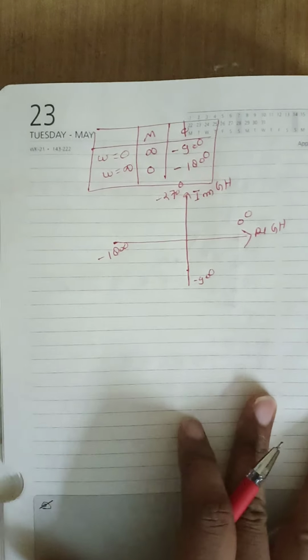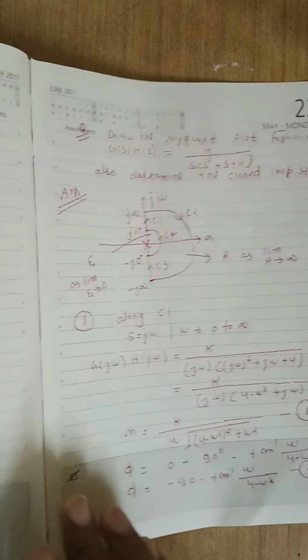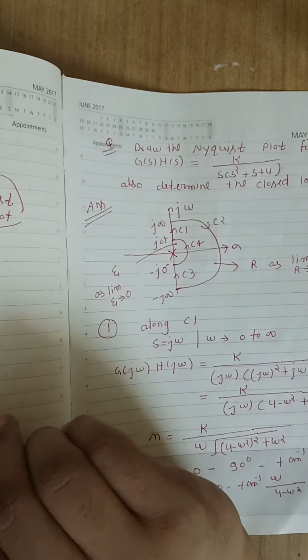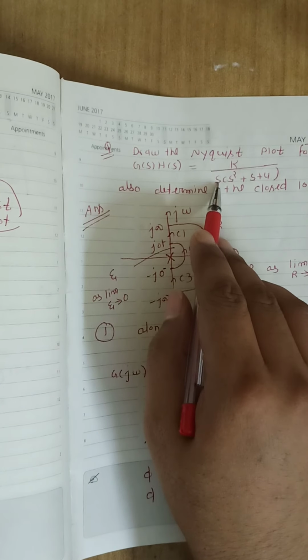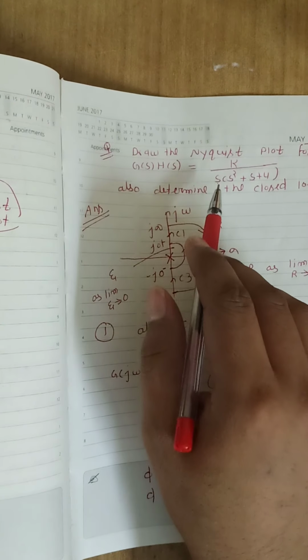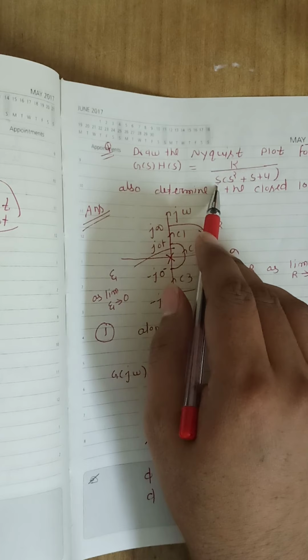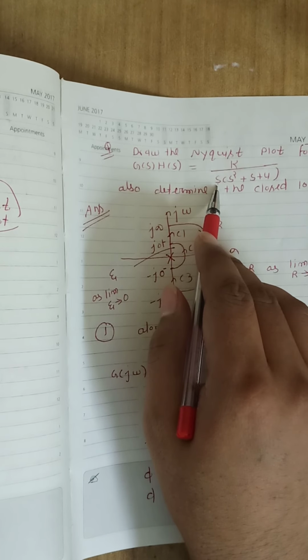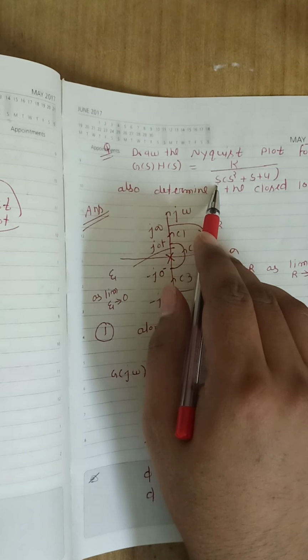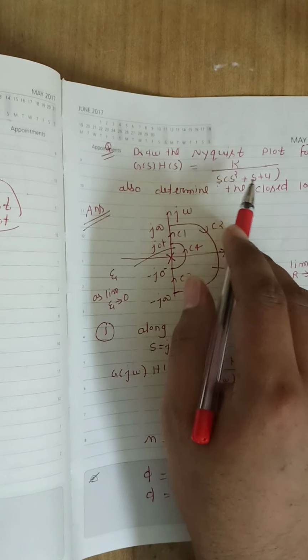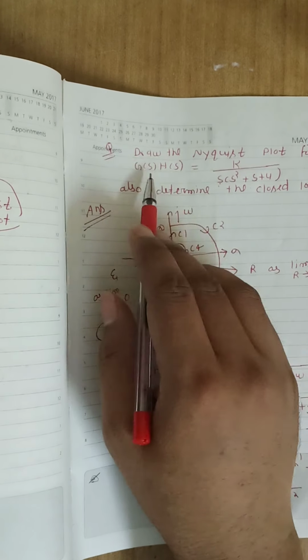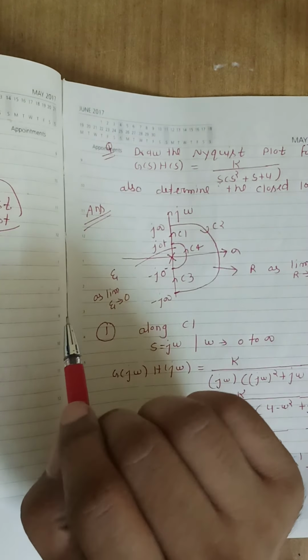If we look at the open loop transfer function, we can say we have a type 1, order 3 system. Type 1 means the number of poles of the system at the origin is one. Order 3 means the total number of poles is 3 for the given open loop system.